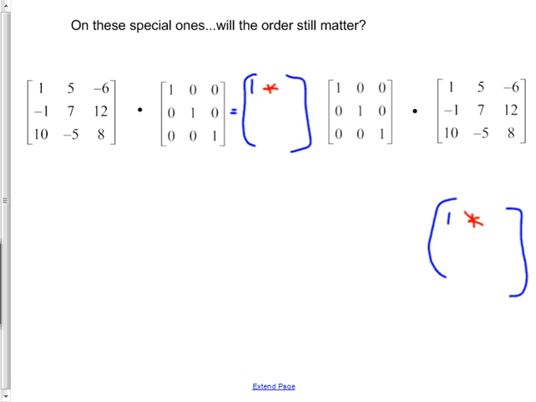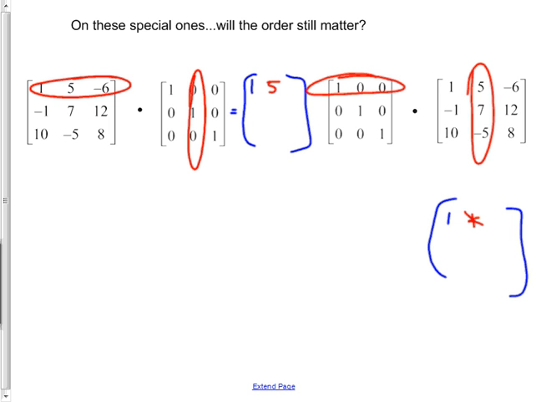So you use row 1 and column 2. In this case, it's a 5. Row 1, column 2. In this case, it's 5 again.